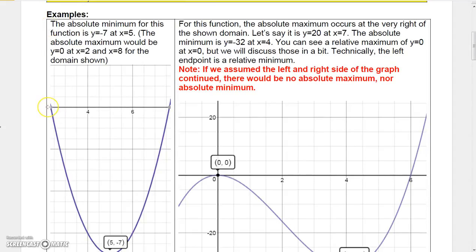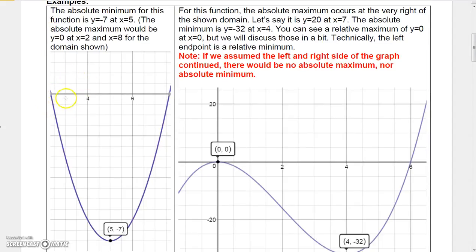So if you look at this graph here, you can see that over this interval, because I'm only showing you the graph from here to here on the x-axis, the absolute minimum for this function is actually y equals -7, or f of 5.